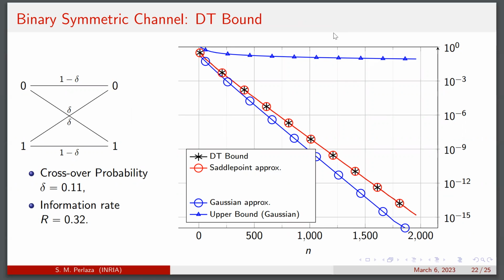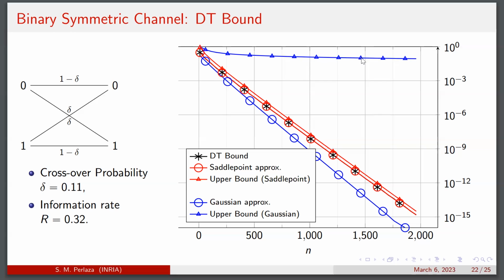The bound due to the Gaussian approximation is extremely bad, and when you put there the upper bound due to Saddlepoint, you see that it is a very tight upper bound. So is the lower bound. And at a given point, you see that the Gaussian approximation is even outside the interval between the lower bound and the upper bound.